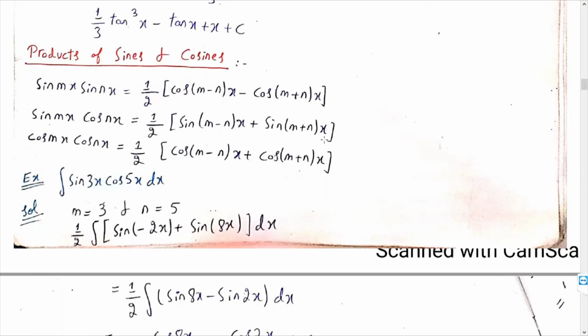Well, you can ask why any of these integrals would be useful to you. One of the important reasons is that sine and cosine trigonometric functions pervade the physical universe.